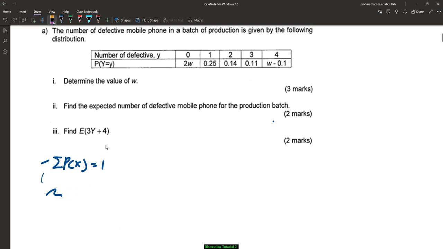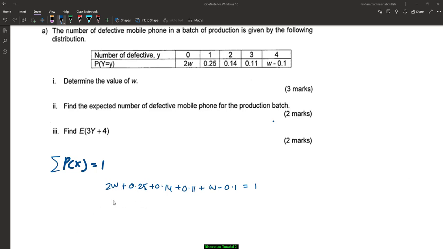The summation of all probability should be equal to 1. Right, so here it is the same concept. So 2W plus 0.25 plus 0.14 plus 0.11 plus W minus 0.1 should be equal to 1.